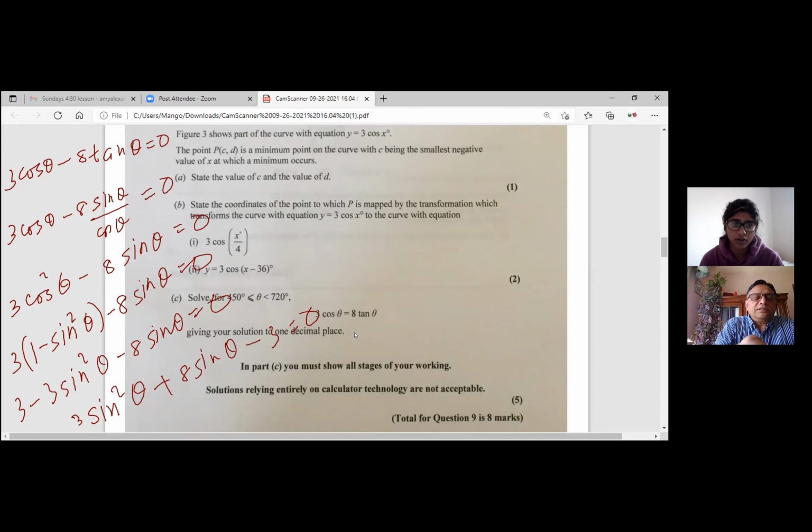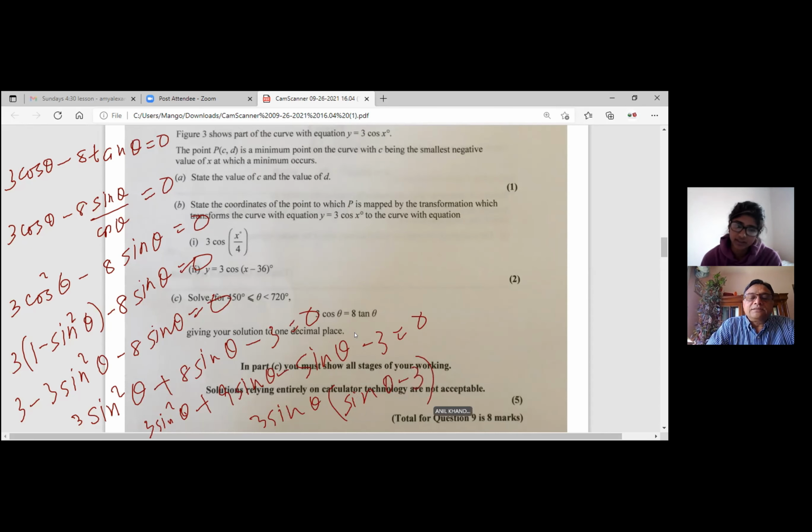So what do you get as the equation? 3 sine square theta plus 9 sine theta minus sine theta minus 3 equals 0, right? So you can take 3 sine theta common. Sine theta plus 3, right?